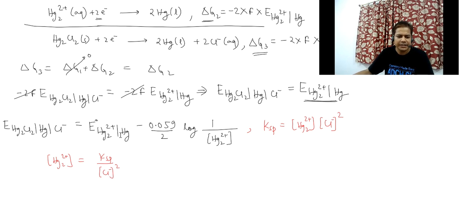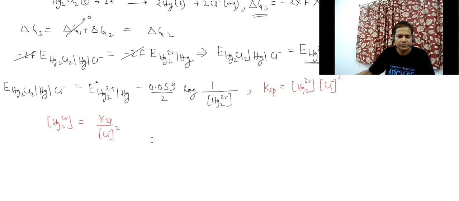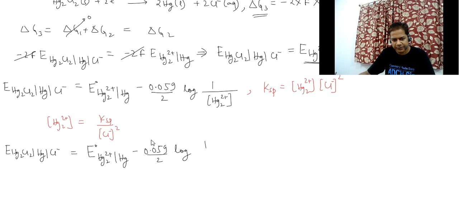On substituting the concentration of Hg2 plus, we'll get E of Hg2Cl2 to Hg and Cl minus is equal to E naught of Hg2 plus to Hg minus 0.059 by 2 log of 1 upon, and the concentration of Hg2 plus will be put as Ksp upon Cl minus whole square.